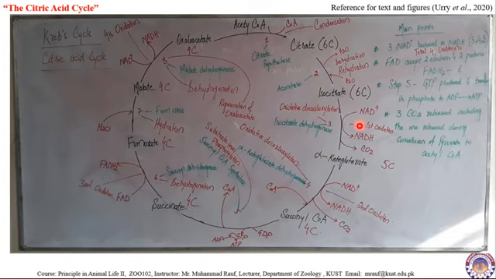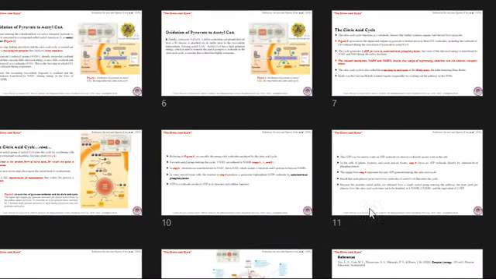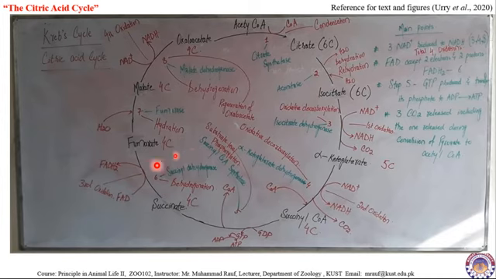This is the first oxidation event where NADH is produced. This is the second oxidation event where NADH is produced. And this is the third oxidation event, and this is the fourth oxidation event. So in a single Krebs cycle, 3 NADH molecules are produced, 1 FADH2 molecule is produced, and 1 ATP or GTP is produced.